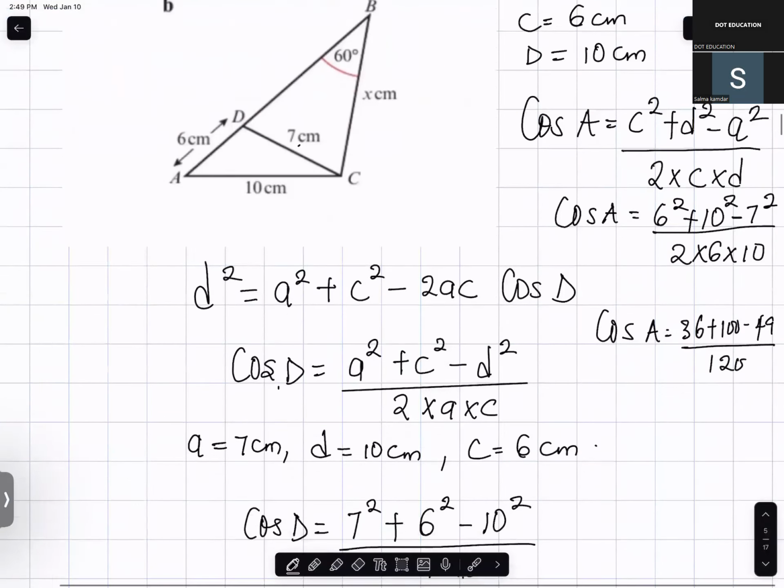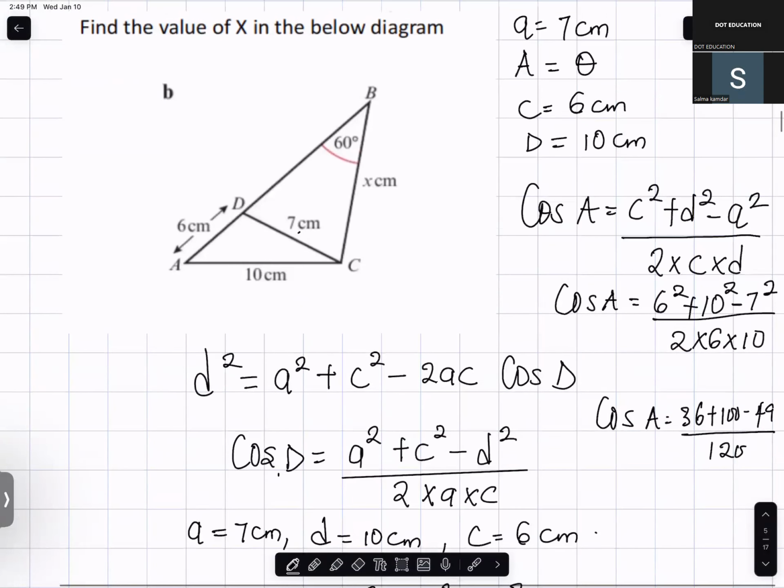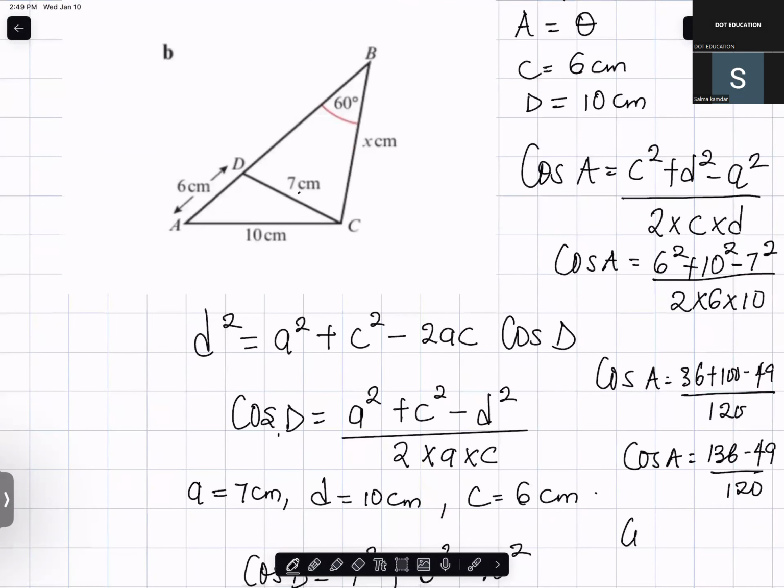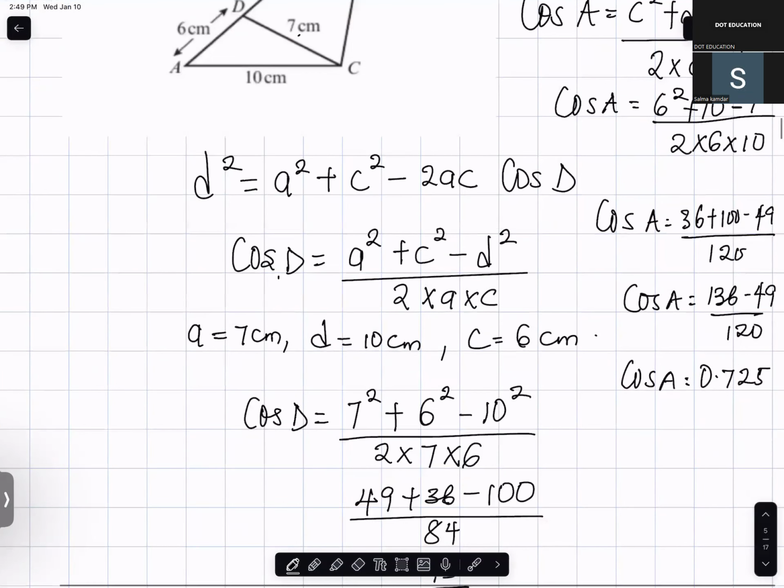We add 36 plus 100, that is 136, minus 49, divided by 120. So cos A is 0.725.